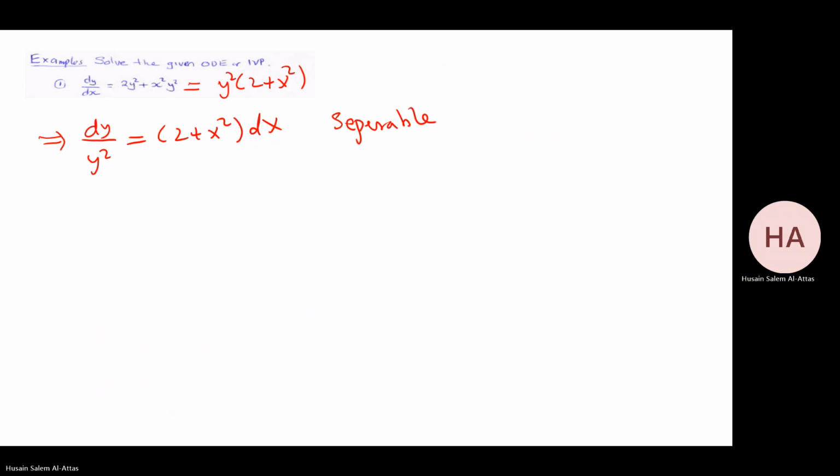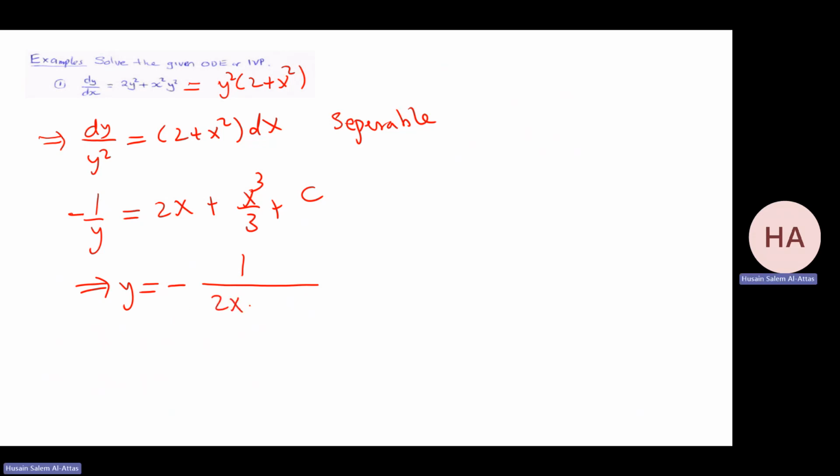Integrate, to get minus 1 over y equal to 2x plus x cubed over 3 plus c. So I can write y as minus 1 over 2x plus x cubed over 3 plus c. So this is my solution if you want an explicit solution.